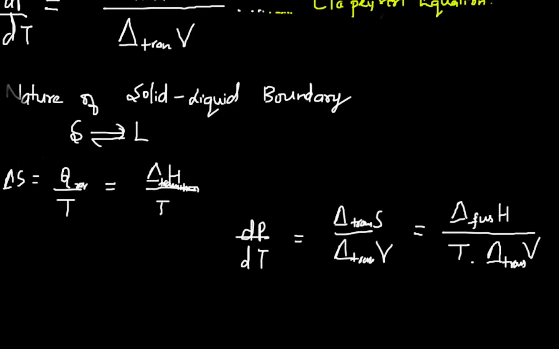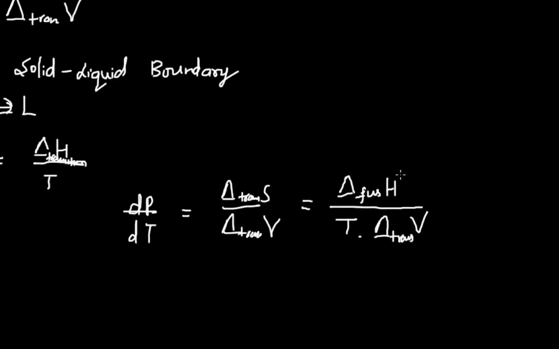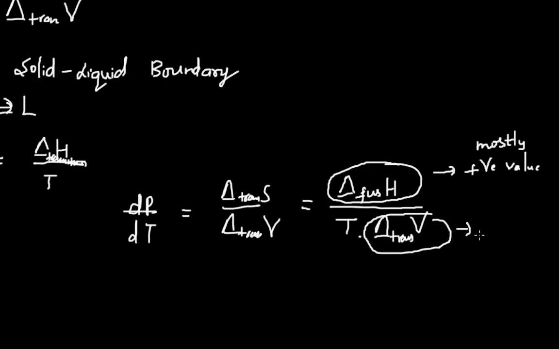Now delta H fusion is mostly a positive value, and delta V is also a positive value, but very small.